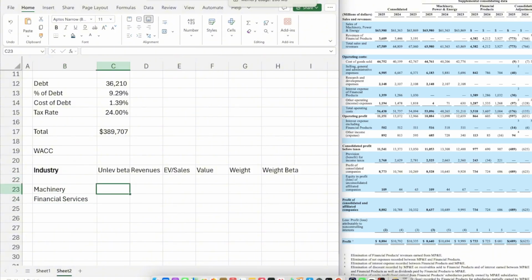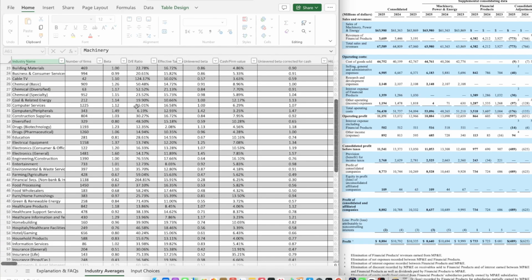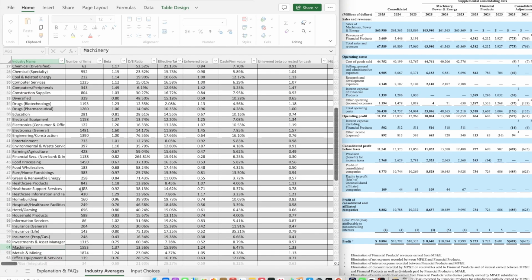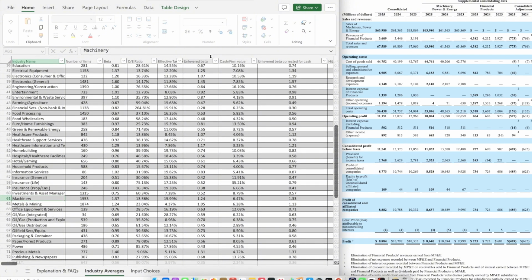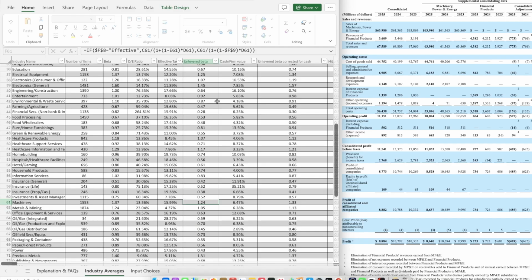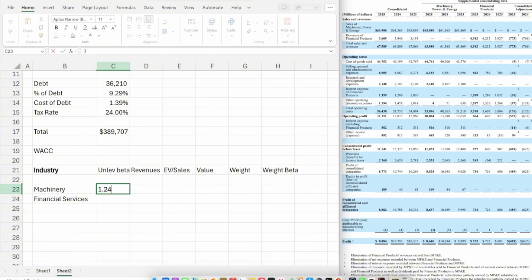Okay, machinery. The unlevered beta is, where is it? We want this column. 1.24, and 0.28 for financial services.